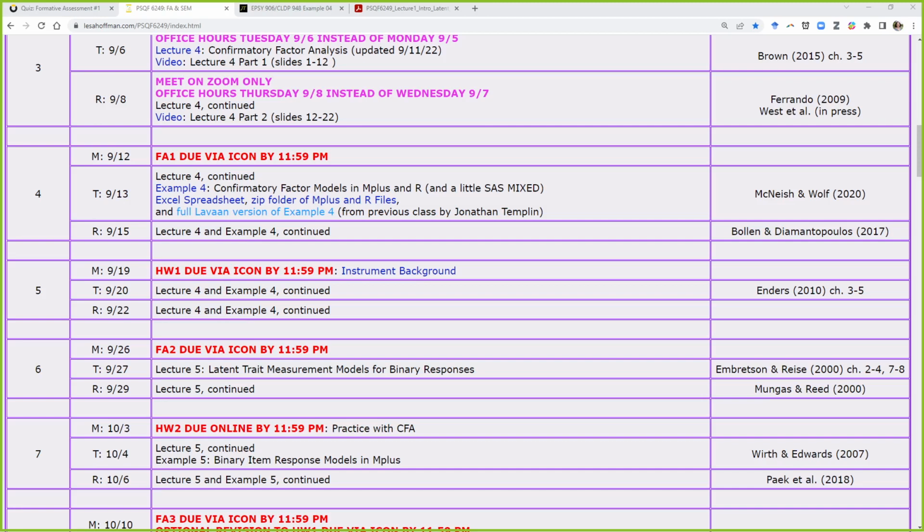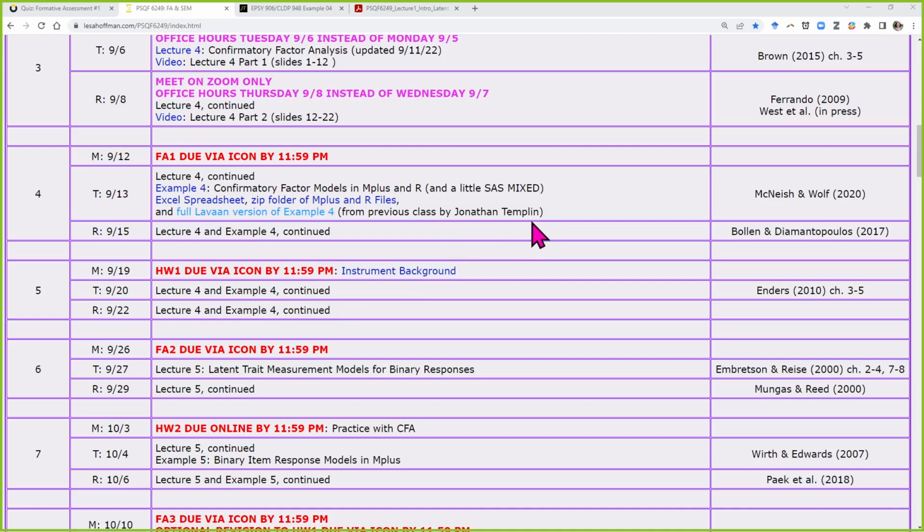But I have the full lavaan version of everything that's in my handout posted here for your reference if you want to know how to do all the stuff in R. So I tend to rely on Excel for example calculations because it's transparent and everyone can use Excel. But if you want to learn how to do ggplot2 and all the other stuff inside R to make pictures, there you go. So just wanted to make sure that everyone was aware of all of those different resources posted under different links here. Any questions about that?